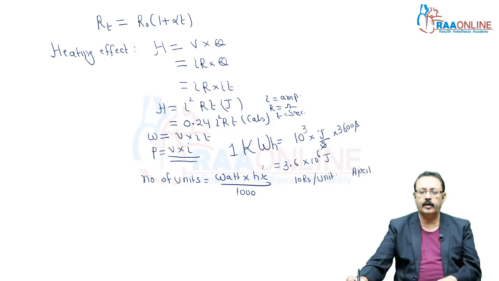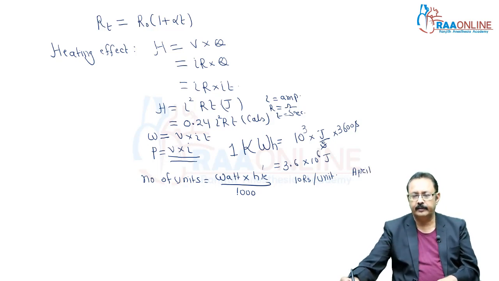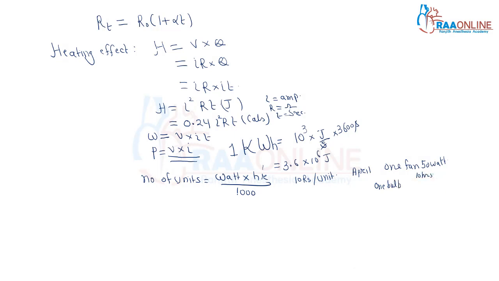You are using only one fan of 50 watt, daily 10 hours, and one bulb of 100 watt, daily 6 hours. What should be your bill?